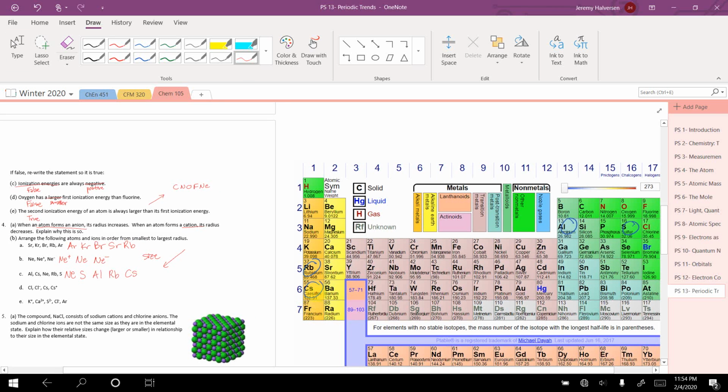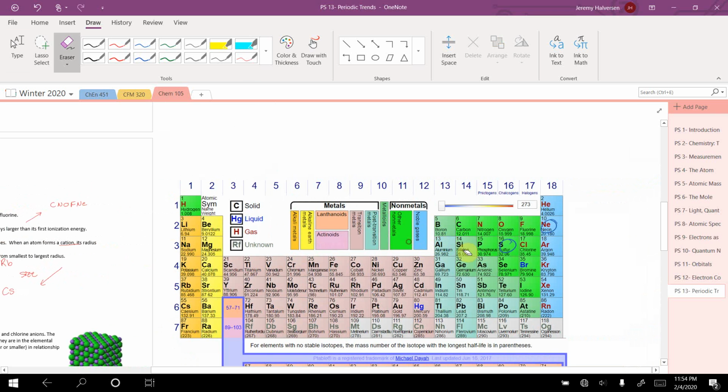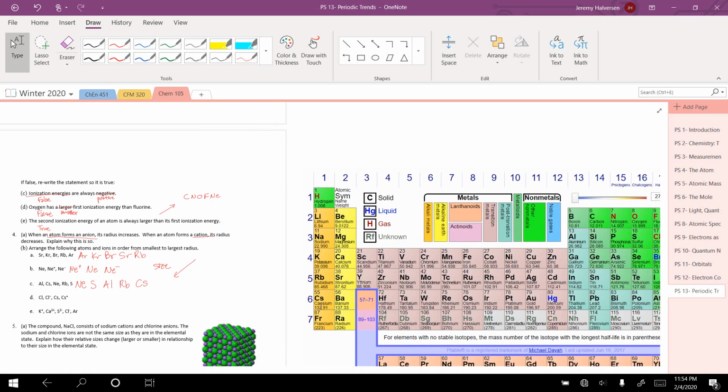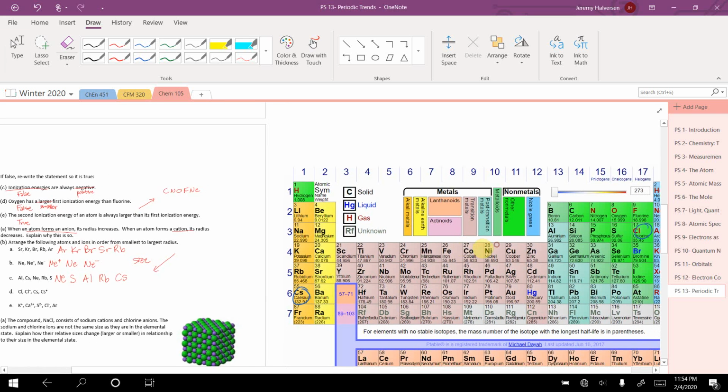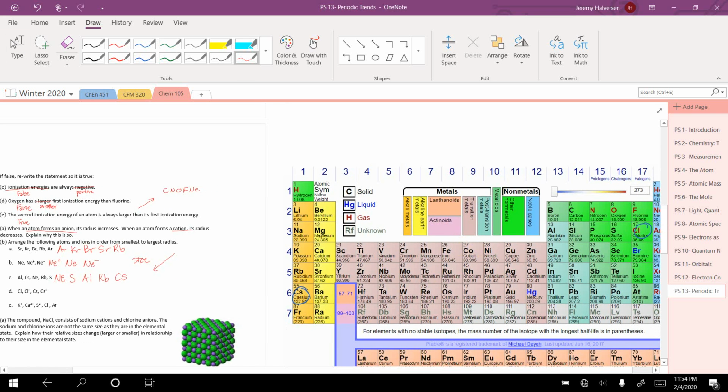Okay, now we've got chlorine, chlorine minus, cesium, cesium plus. Alright, so chlorine's obviously smaller than cesium, and chlorine minus is going to make it bigger because when I add an electron, the extra electron repulsion pushes out that outside shell.